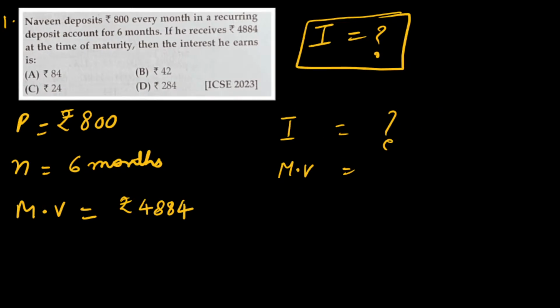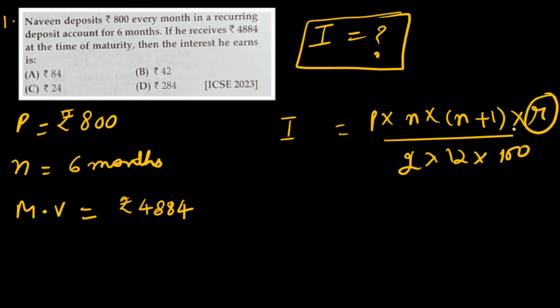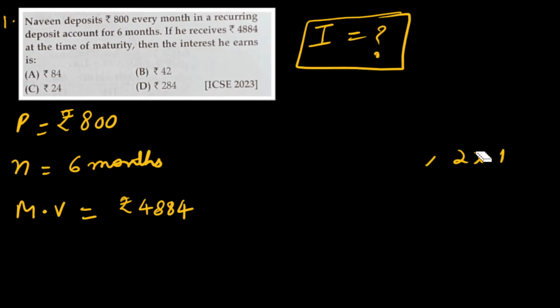The formula of interest is P into (N plus 1) into R by 2 into 12 into 100. But you can see here R is not given to us. So we will not use this formula. Moreover, maturity value is given to us, so we will directly use the formula of maturity value.